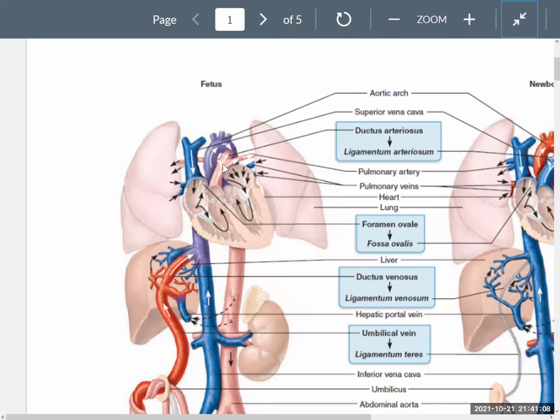What's happening here is that we're more or less, not completely, but more or less bypassing the lungs. The lungs have to have their own share of oxygen to survive, of course, but they don't need a fuller, bigger share to feed the rest of the body. That's coming from the mother and the placenta.